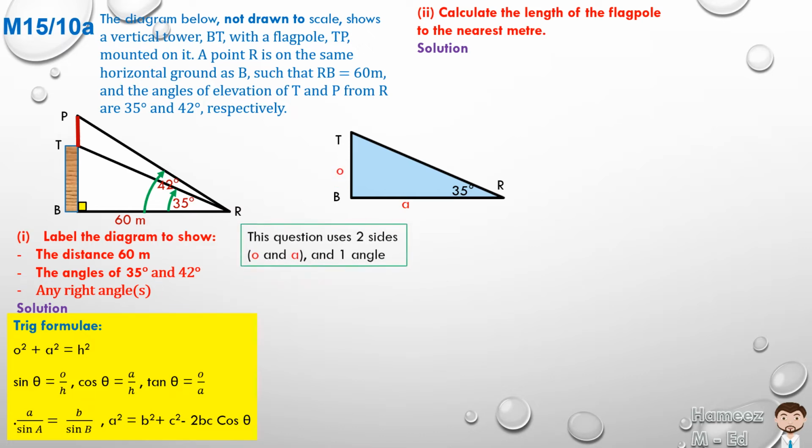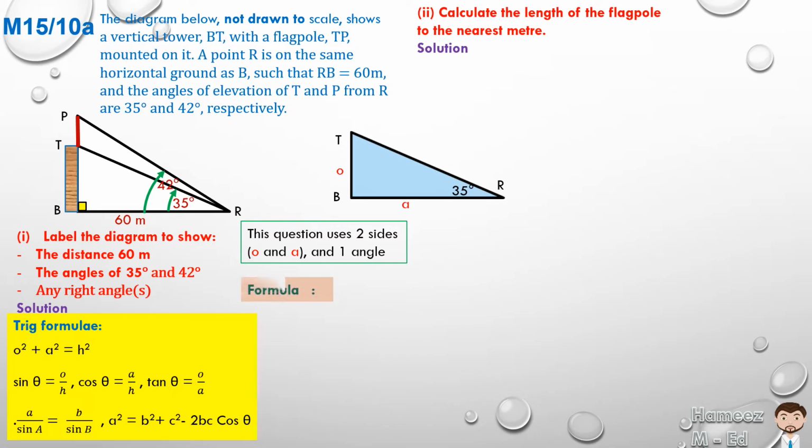So this question uses two sides, O and A, and one angle. Thus, if we look at our formula, we can see that that is tan theta is equal to opposite over adjacent. And if we substitute, then we will be writing tan 35 is equal to opposite, which is BT, over 60.